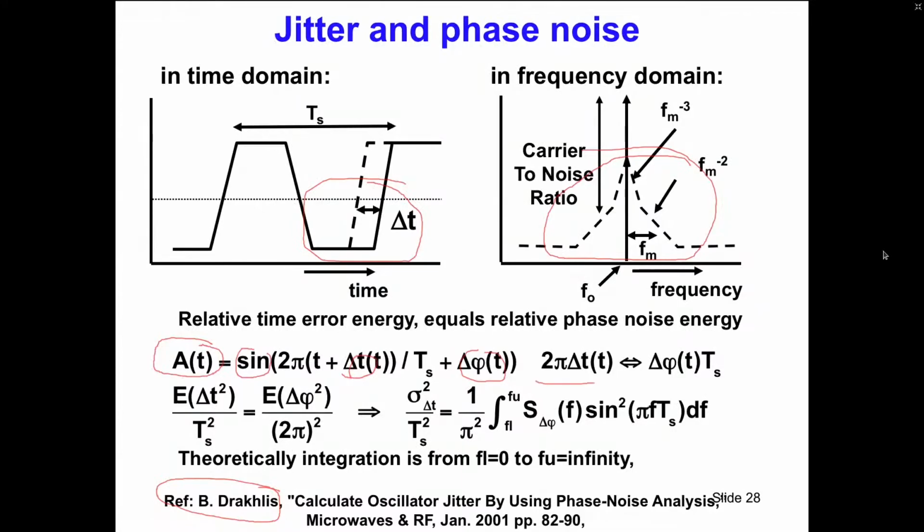And that means that you can more or less trade off phase noise versus jitter. And that leads to a little bit of mathematical manipulations, but basically saying that your phase noise relative to your sampling period is the integral of your phase noise over here.